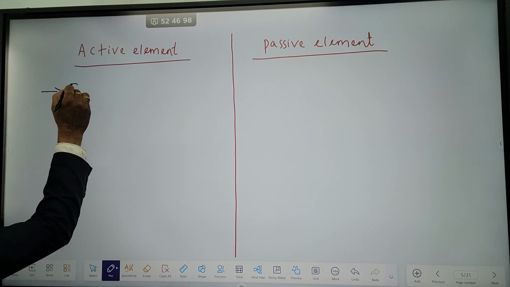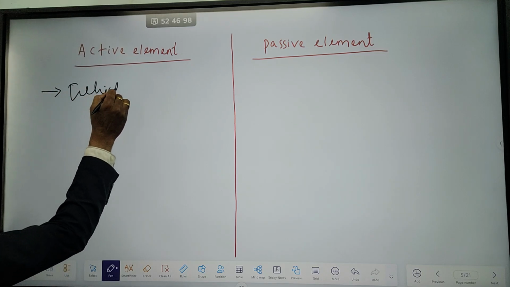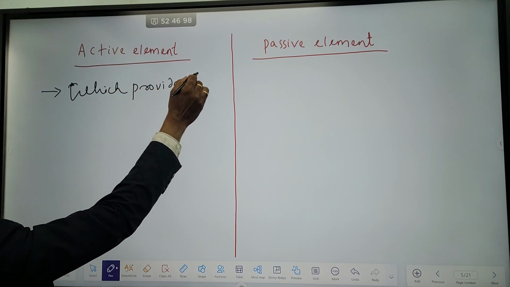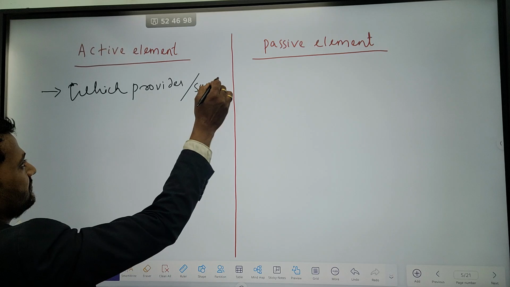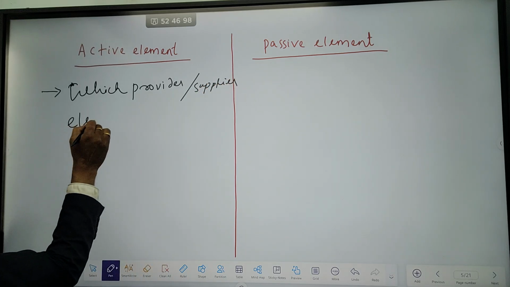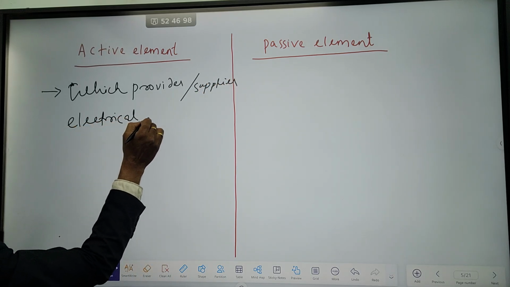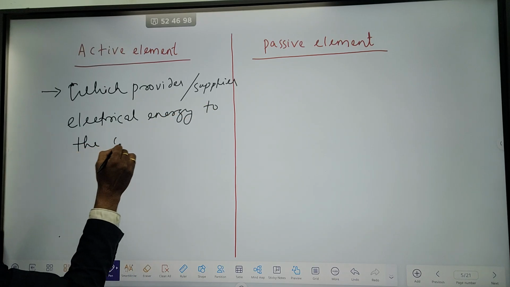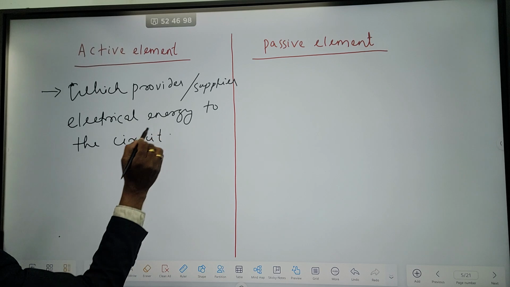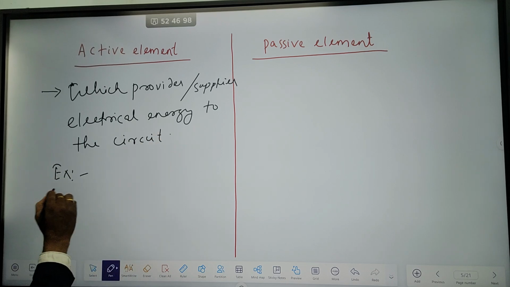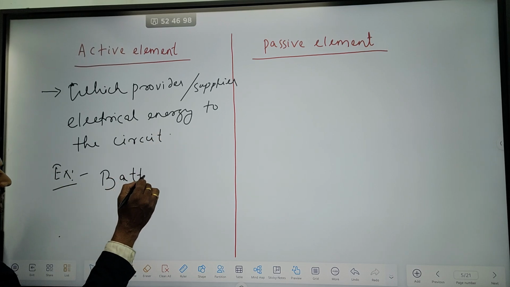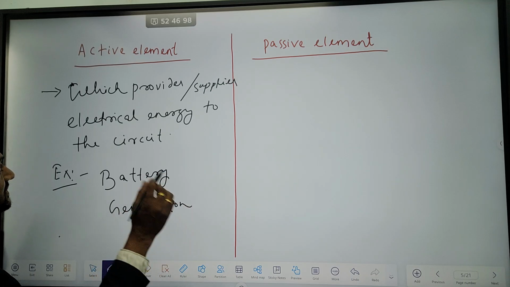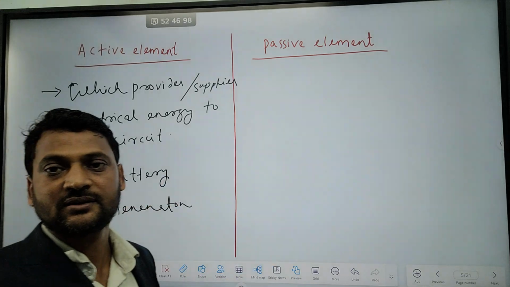The elements which provide or supply electrical energy to the circuit, to the electrical circuit. Okay, example क्या है? Example is like battery and generator. मतलब generator and battery, these are the active elements which can energize the electrical circuit.